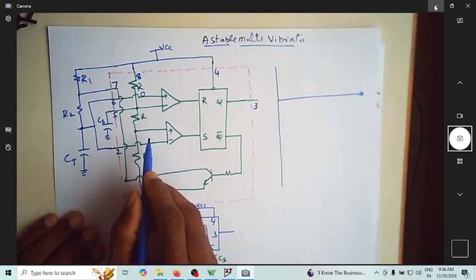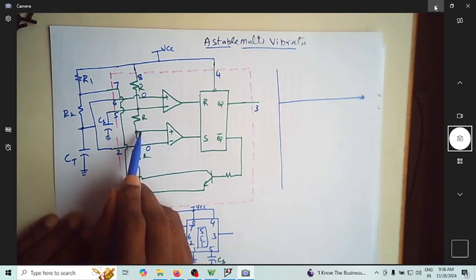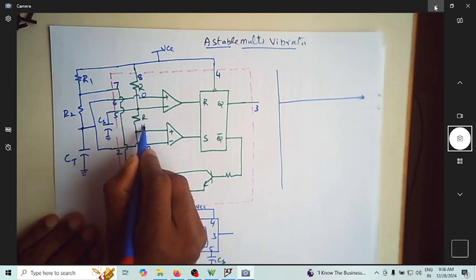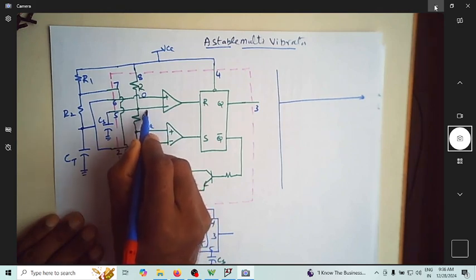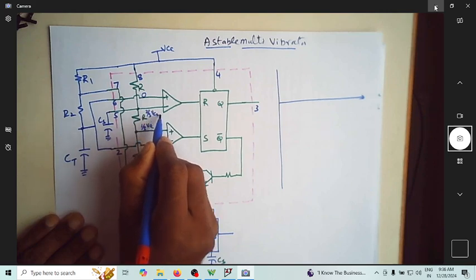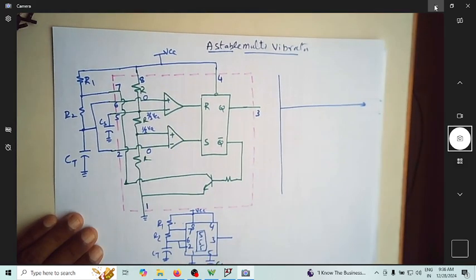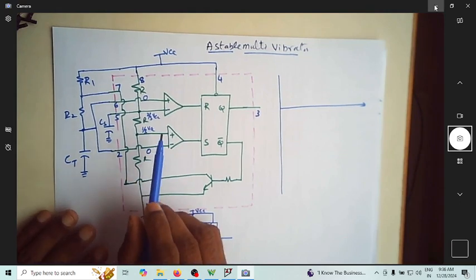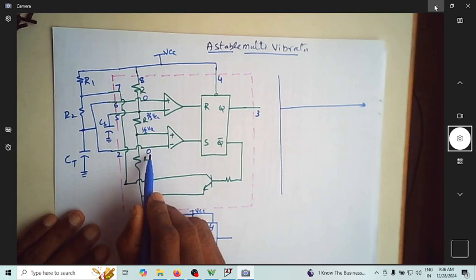And how much voltage do you have here? The voltage here is 1/3 VCC, and this is 2/3 VCC. So these are the voltages at the inputs of your comparators.